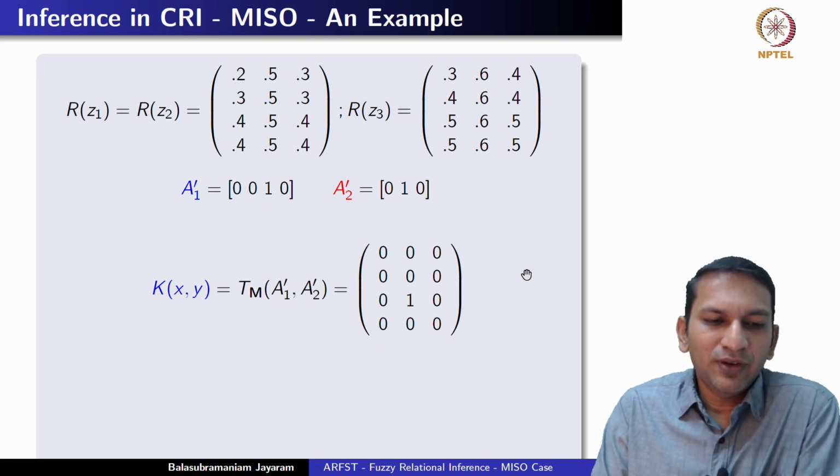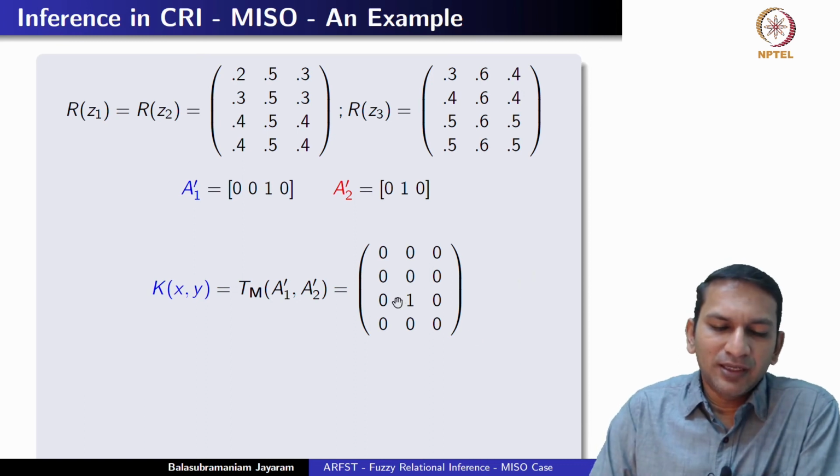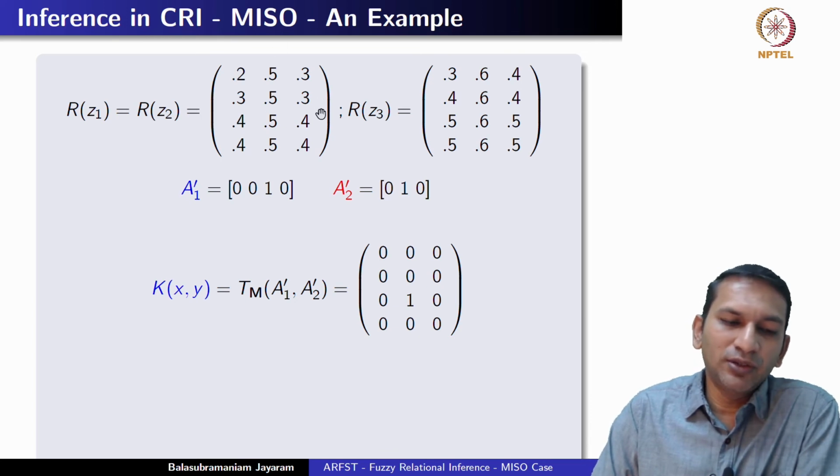You could think of performing such an operation, taking this page on which this matrix is written and superimposing it on the page where this other matrix is written, and component-wise you take the min and then take the max-min.